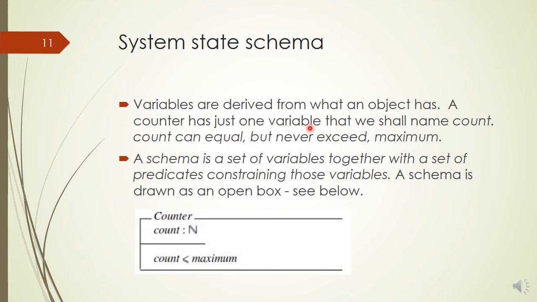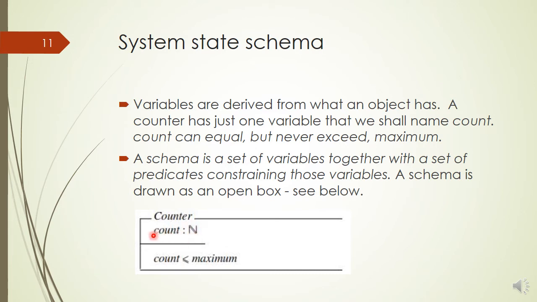Counter has just one variable which actually records counts. Count can equal but never exceed maximum value. Now we can put the name of that schema as Counter, and its declaration part has only one variable with the name count, and the type of this variable is set of natural numbers.